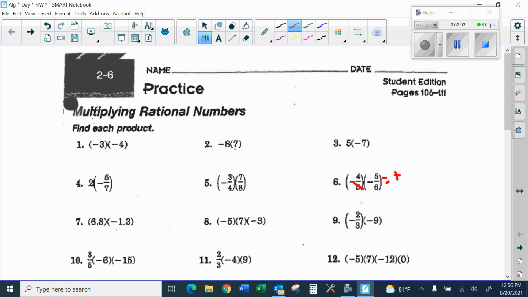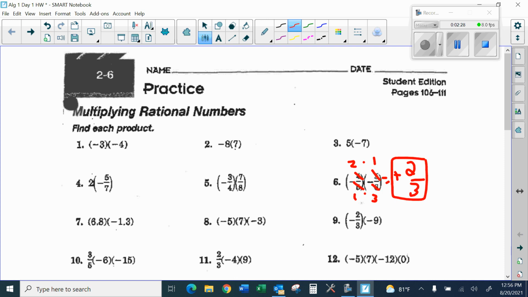Well, yes, the 5 goes into the 5 once. These become 1s, and the GCF of 4 and 6, remember GCF, greatest common factor, is 2, so I divide each by 2. I get 2 there, and I get 3 there. Now I go ahead and multiply across. I get 2 times 1 is 2, and 1 times 3 is 3. So the answer is 2/3.